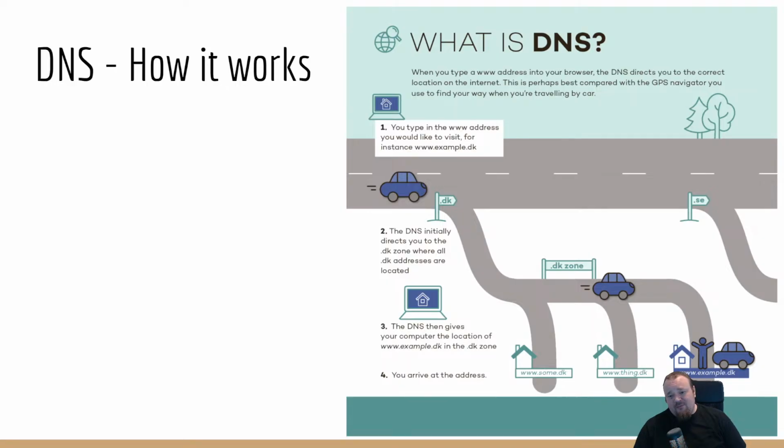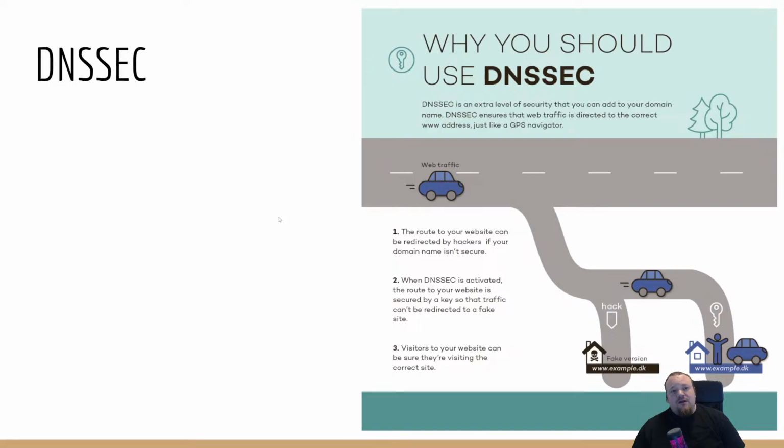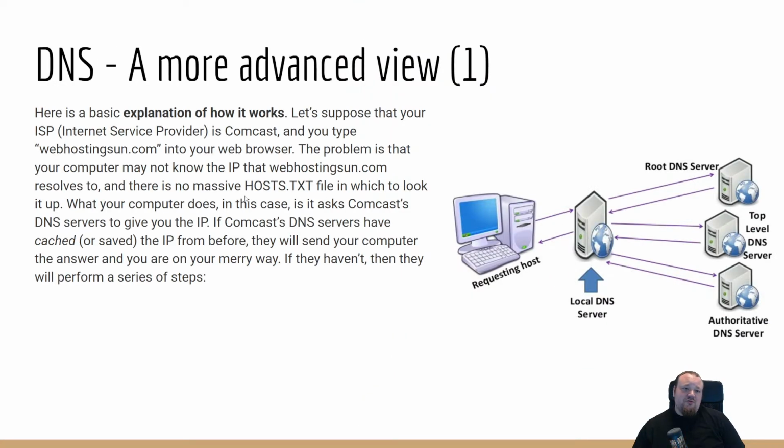In reality, DNS works something like this, but there are some steps behind it where you communicate with different kinds of servers in order to get to a destination point. There's also something called DNS Secure. I'm going to briefly skip that for now because it's going to become a bit too advanced.